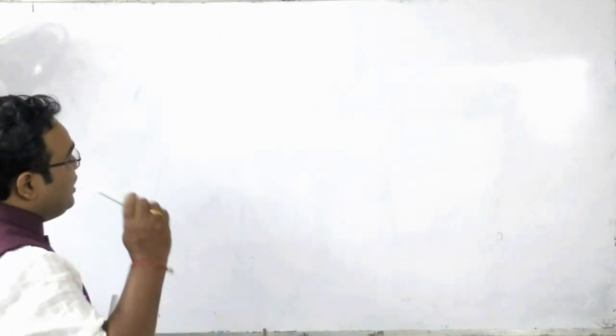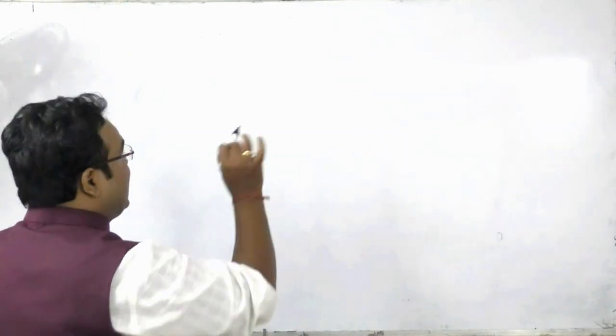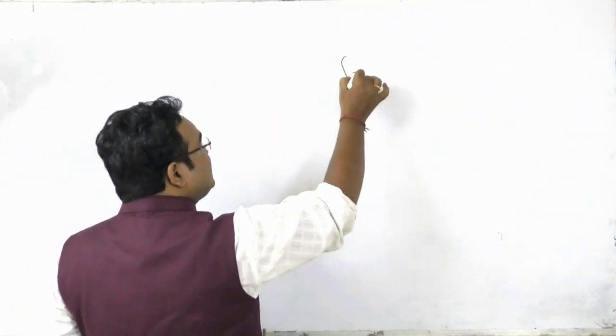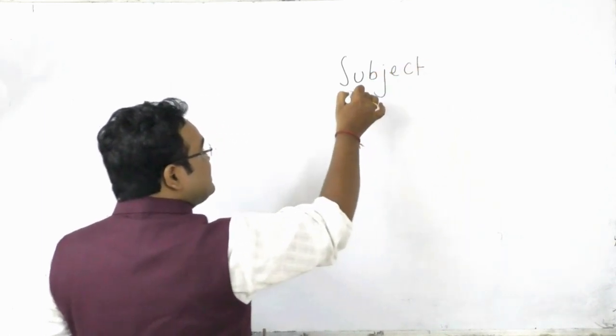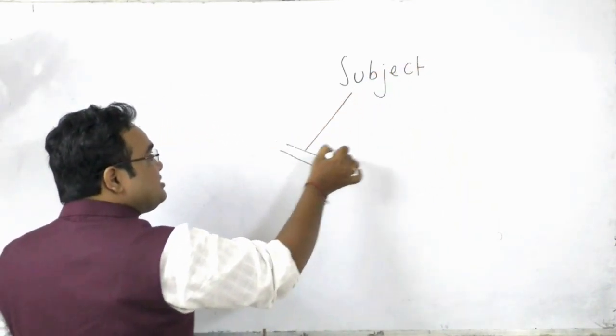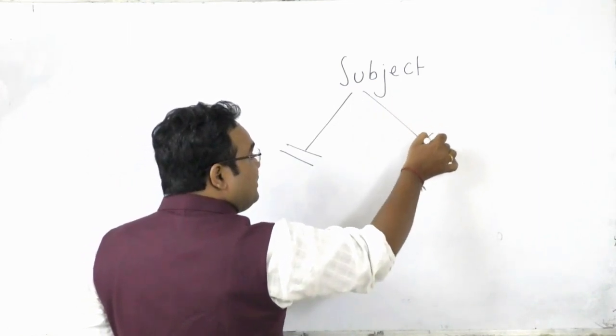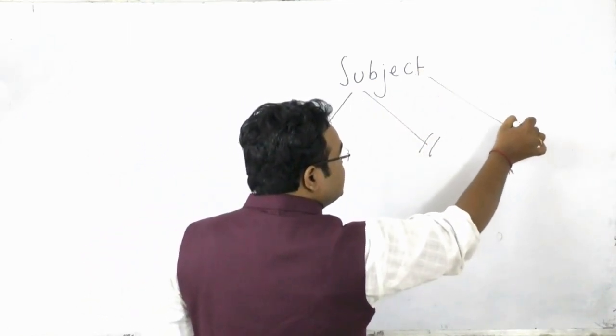Just remember one concept more you will have to understand, that subject is of how many types? We will be discussing subject is of 3 types only for our competitive examination.